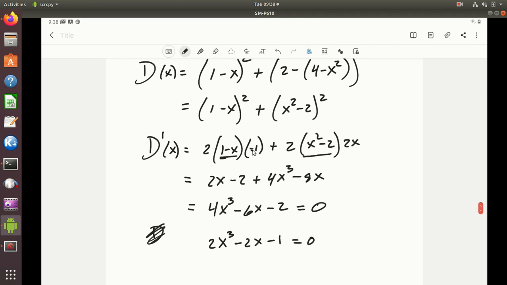Okay. So now, I have a negative 1 times 2 is negative 2 times 1. There's the negative 2. There's the plus 2x. And then here, I have 2 times 2 is 4x cubed, and then 2 times minus 2, that's a negative 4, and then times the 2x is negative 8x.